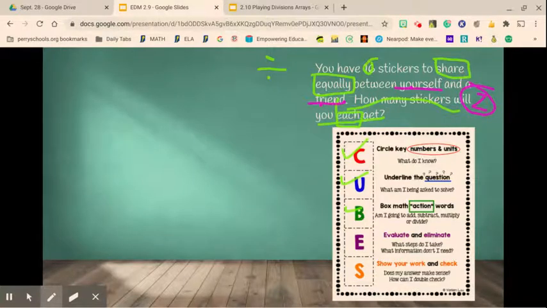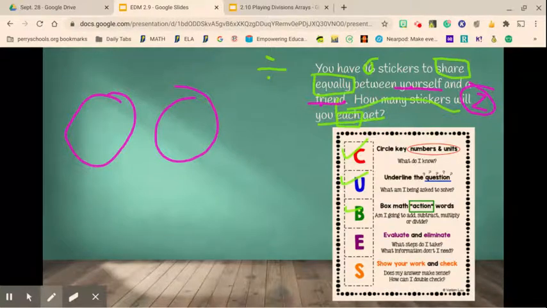So I'm going to think about drawing my picture. And since I have 2 people, myself and my friend, I am going to draw my 2 circles, and then I have to share equally or divide them equally between those 2 people. So I have 16. I'm going to count 1 in each until I get to 16.